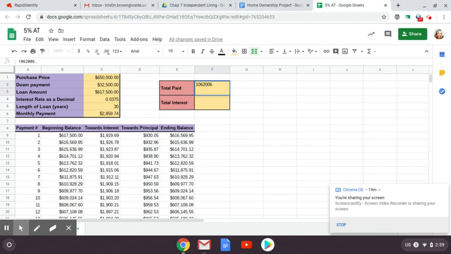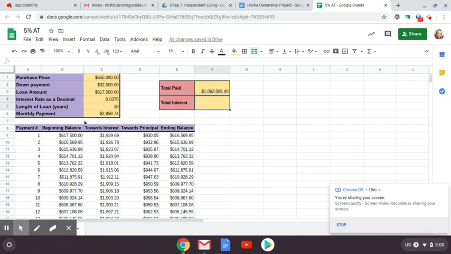And here's the big reveal, 40 cents. Don't forget the pennies. So I'm paying for the house in total with my down payment plus the 30 times 12 payments of $2,859. I'm going to pay $1,062,006.40.